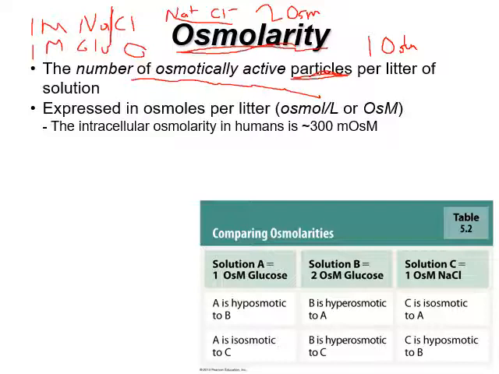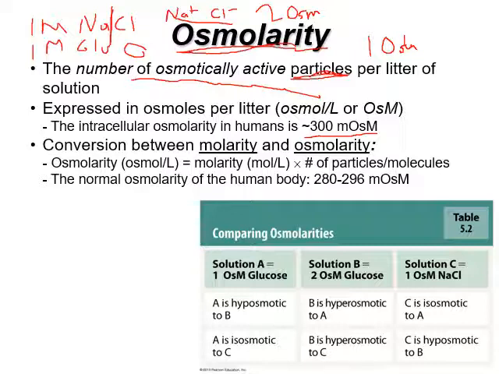For human cells, it's roughly 297, but we can use 300 milliosmoles, again, of non-penetrating solutes. I'll make the distinction again that it is the non-penetrating solutes that cause the movement of water. They are the osmotically active solutes.